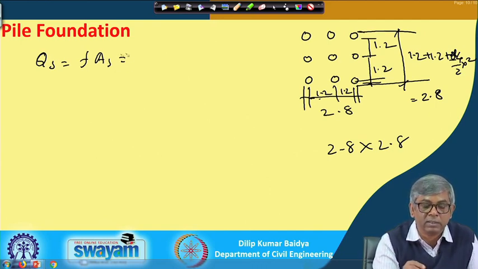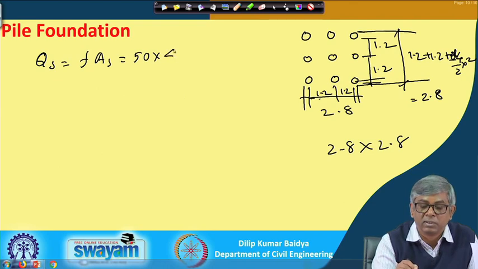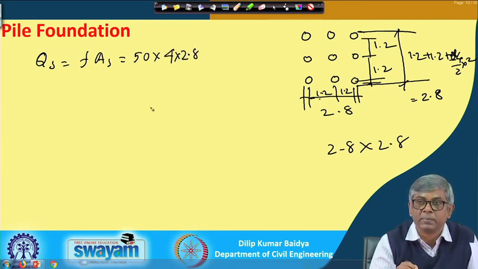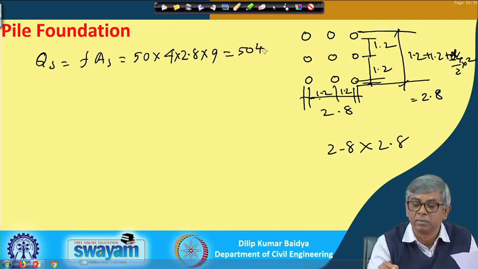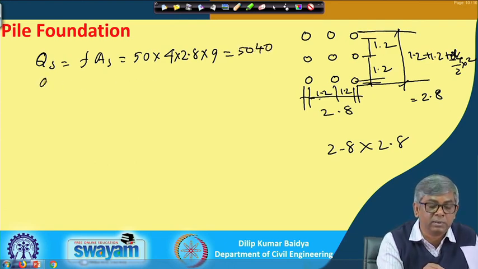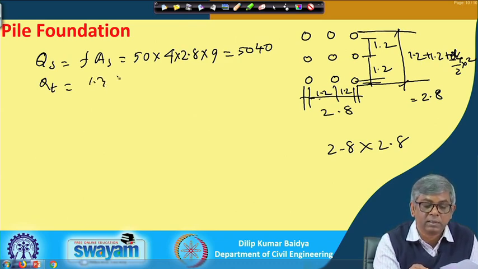So it will be 50 multiplied by A S. Since the block is square, the perimeter is 4 times 2.8, multiplied by the length, 9. If you calculate this value, you will get 5040. And Q T will be equal to 1.3 c N c multiplied by A T.